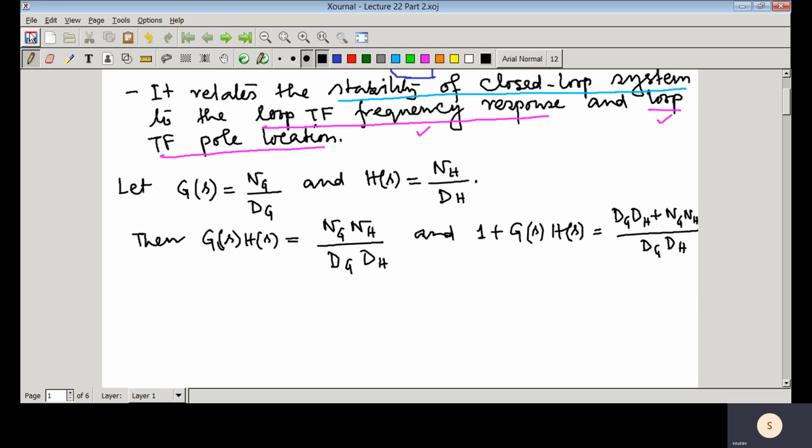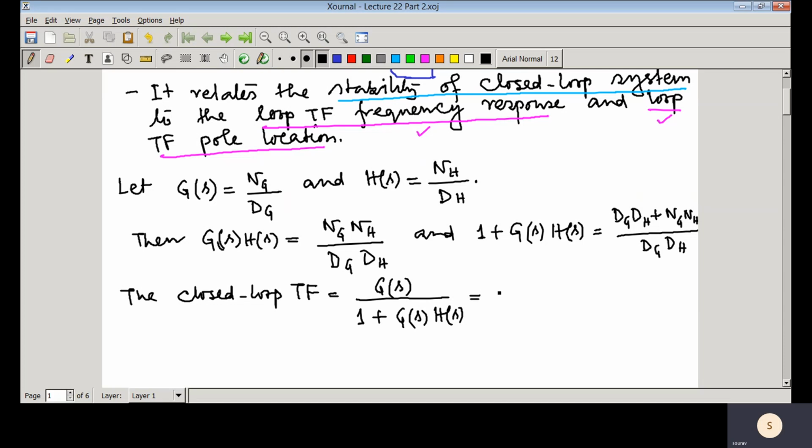From these two expressions, what would the closed loop transfer function be? The closed loop transfer function is G(s) divided by 1 plus G(s)H(s).